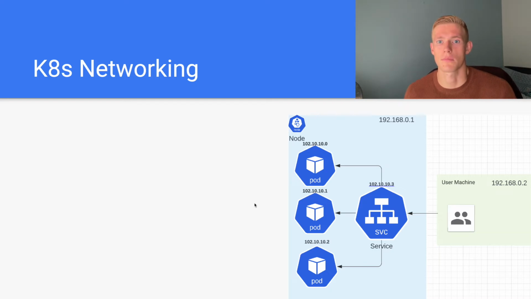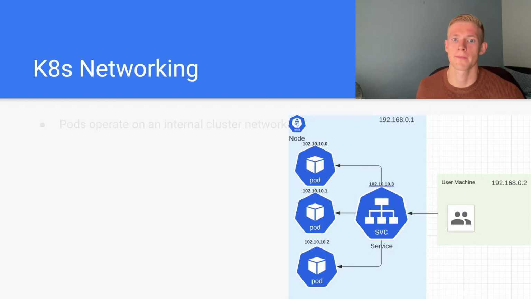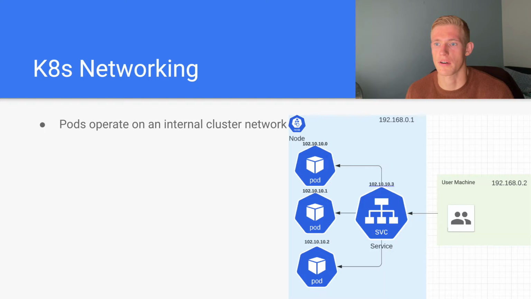Now, let's have a look at some Kubernetes networking basics in order to understand some of the use cases of services. So pods operate on an internal cluster network. So if you look at our diagram here, we have this 102.10 IP address space for everything within the cluster or within a particular node, and then we have this 192.168 address space for our nodes themselves and user machines that are on the same network.